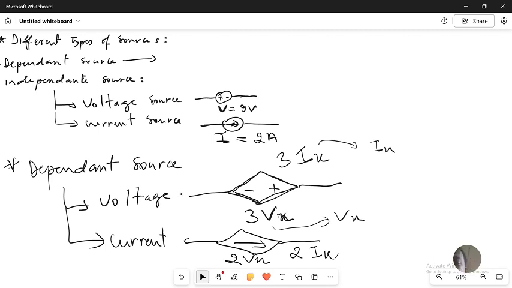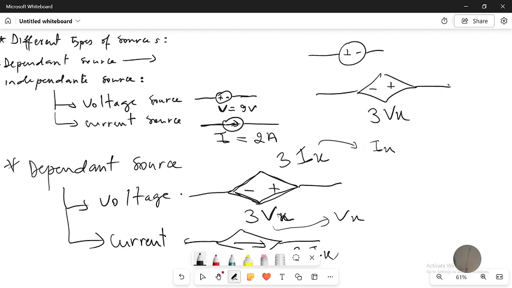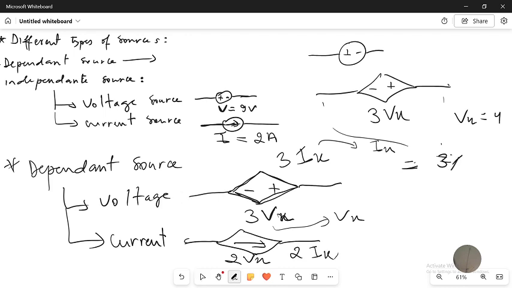Let's say for example, I have this one, the independent source, but if for example I have this one, which equals 3Vx, when I get Vx equal to 4, this voltage is going to be equal to 3 multiplied by 4.